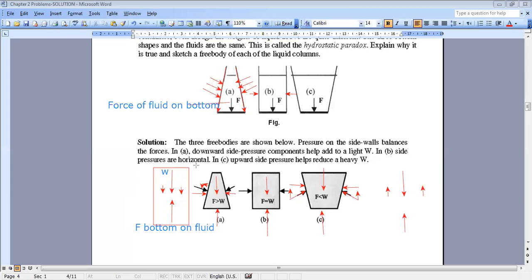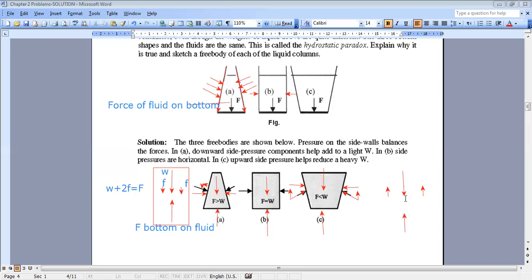So for F to oppose all of these, it should be higher than W. If this force is equal, for example, to small f, and also here by symmetry it's equal to small f, the condition of equilibrium will be that weight plus 2 times small f equals big F. So from this relation, you can say that big F is higher than W.